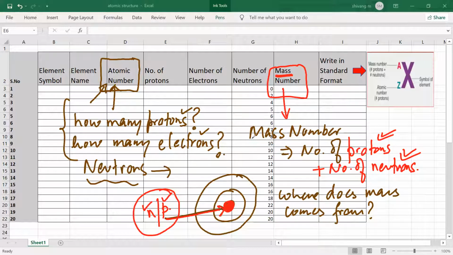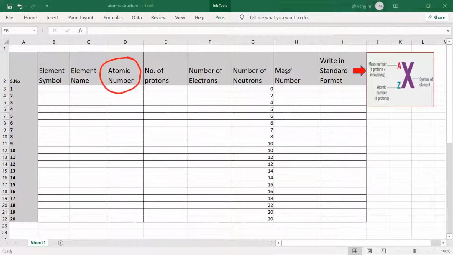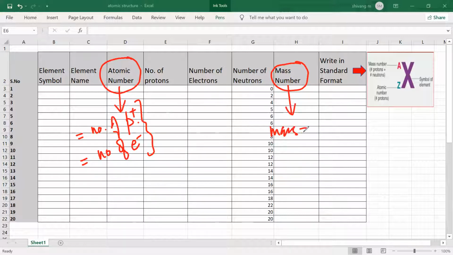It's pretty logical. Again, if you look at these two things, just try to understand the logic behind it. The atomic number is number of protons. Because the atom is electrically neutral, number of protons would be equal to number of electrons. Are we clear about this? Yes, sir. When I look at mass number, mass is contributed by neutrons and protons only.